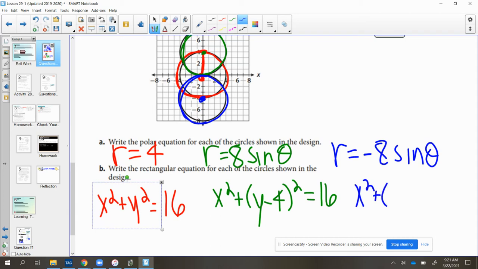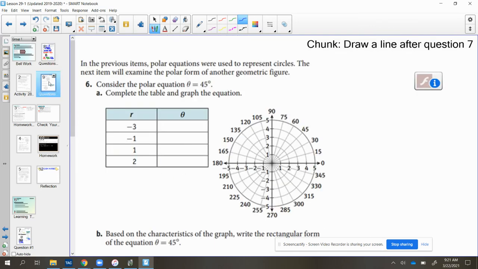So x squared and then y plus 4, when we plug in that k, squared equals 16. Now we did talk about converting these in the last lesson, making that substitution in for r, and how this would be, for sine, y over the square root of x squared plus y squared. But we can also, especially when we're given a picture, understand how we did last unit, writing the equation of a circle, and see that connection between the two.